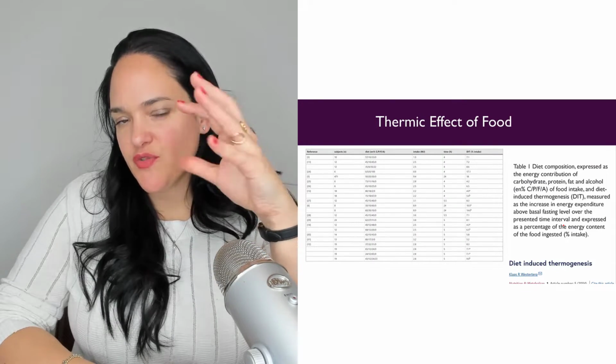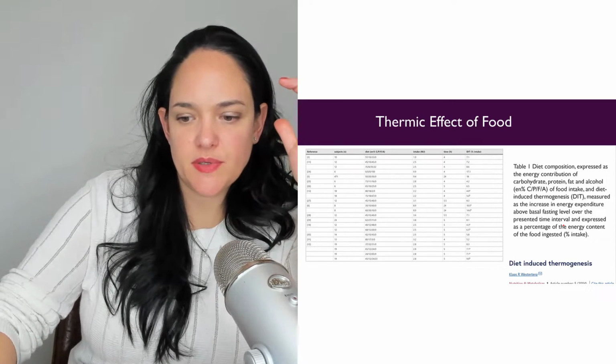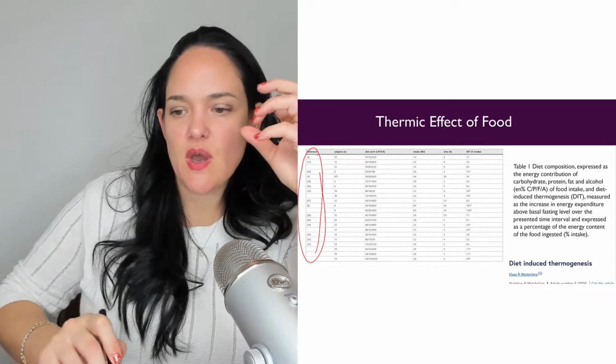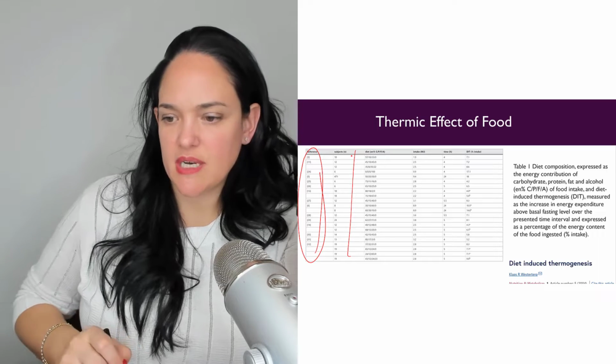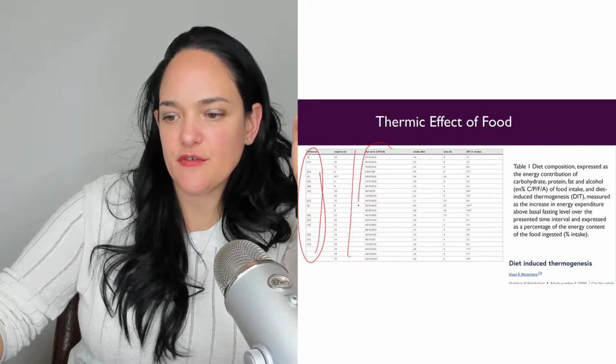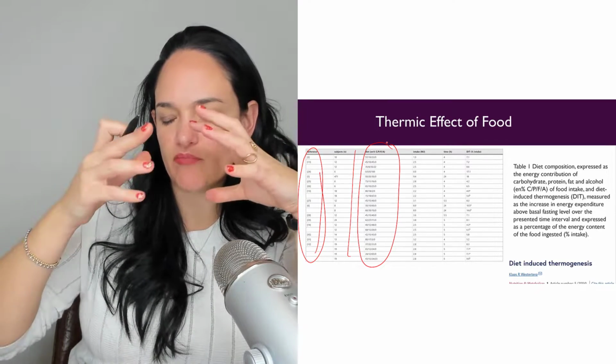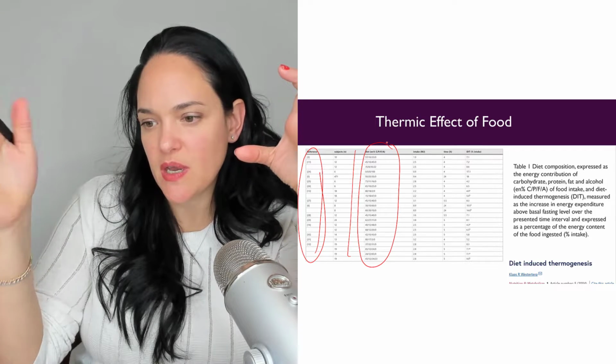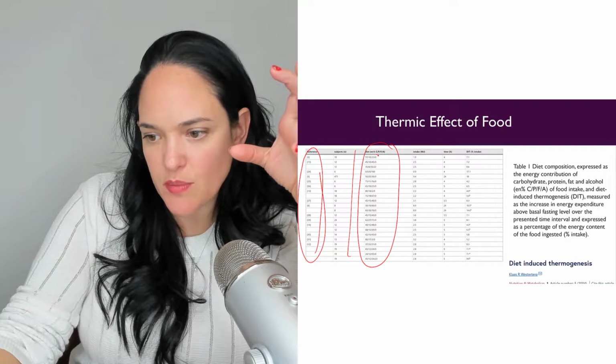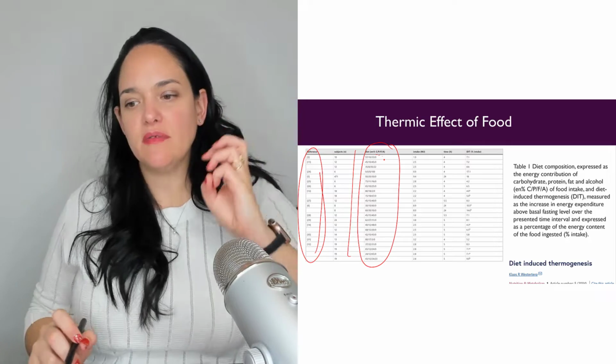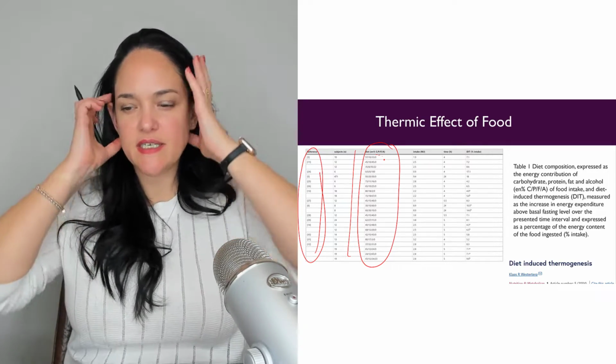This slide is from a review of different papers. Each of these are from different studies with different subject numbers, where they had different dietary macronutrient distributions, with different proportions of carbs, proteins, fats, and alcohol as far as calorie content goes.